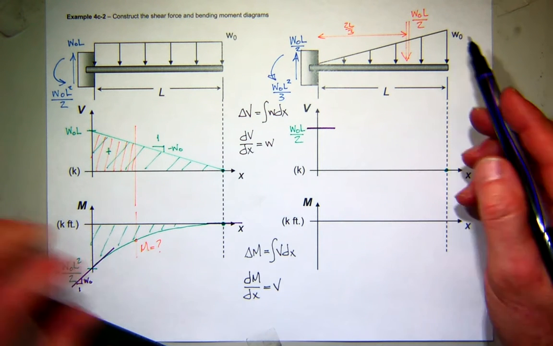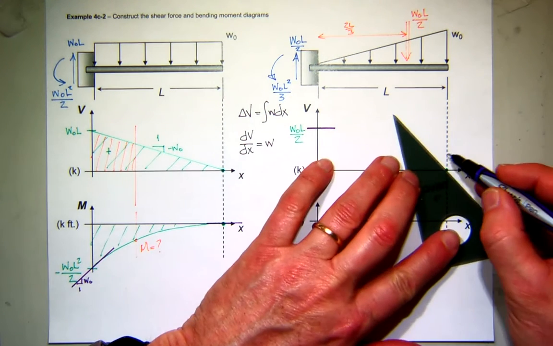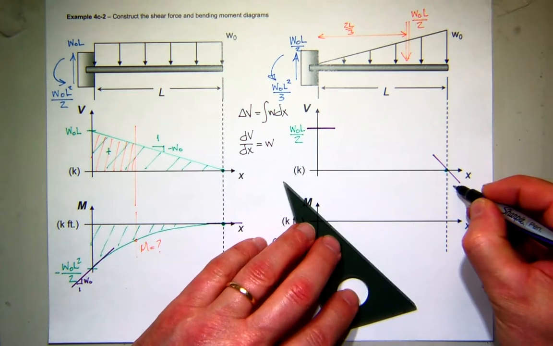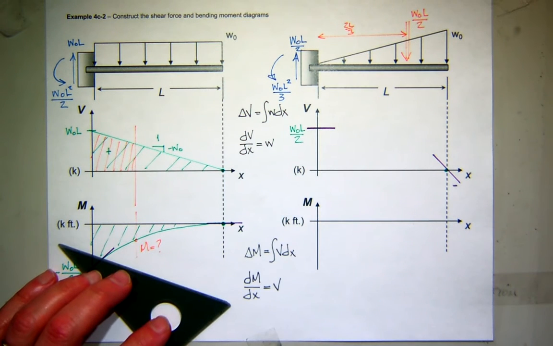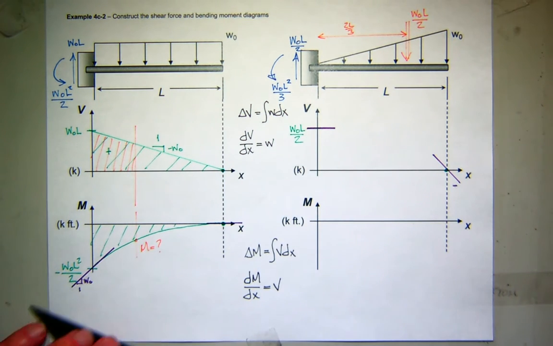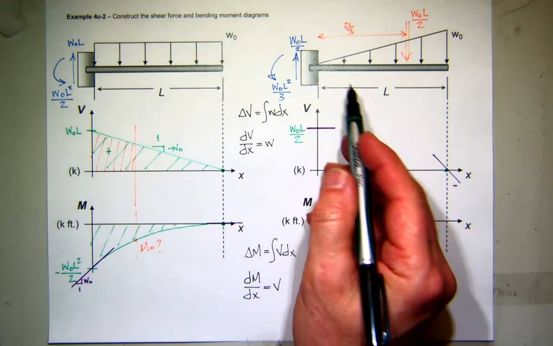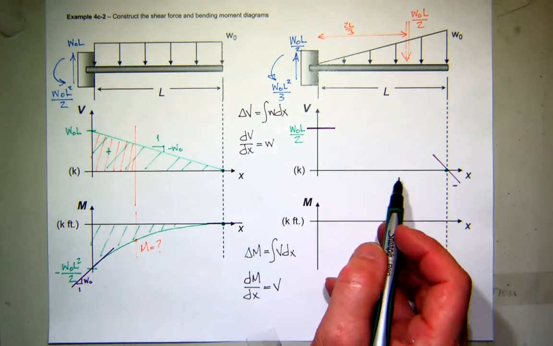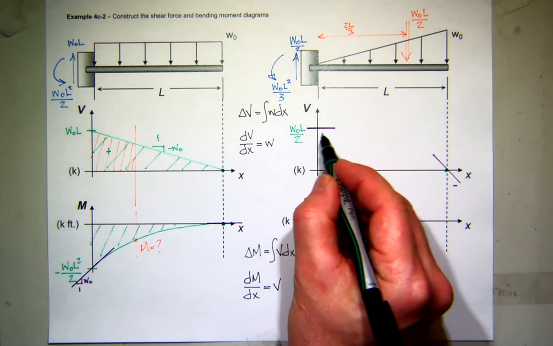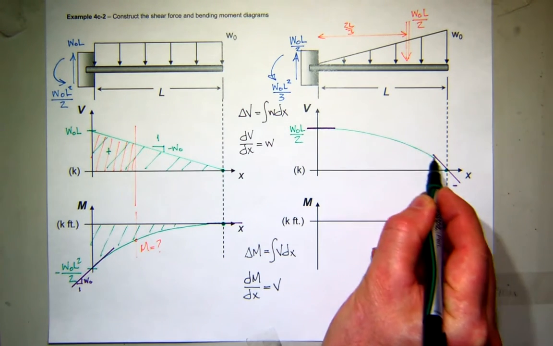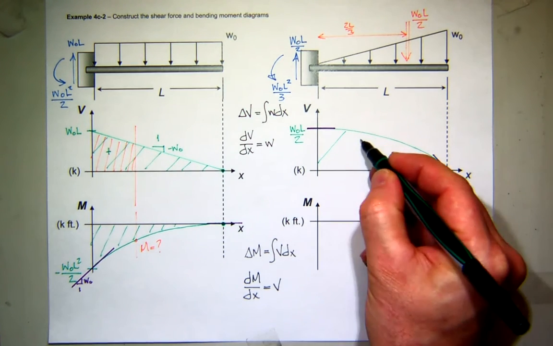Negative. So that means I have a big negative slope. So all I have to do is draw a parabolic curve or a quadratic curve that kind of fits those things. So I'll do my best. You get something that looks like that.